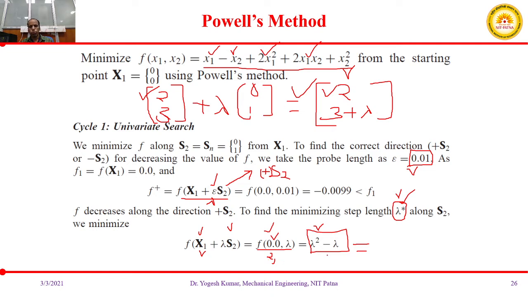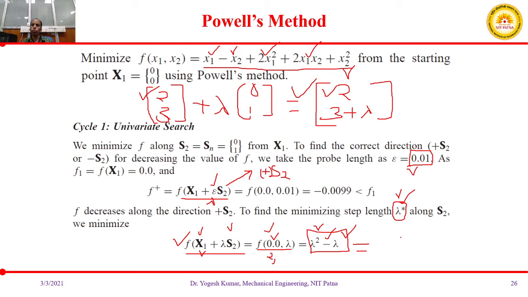Now focus on this. We have got the new value corresponding to this function, x1 plus lambda S2, which is lambda square minus lambda. We want to minimize this value, that is, lambda square minus lambda, because we want to get the minimum of this value.